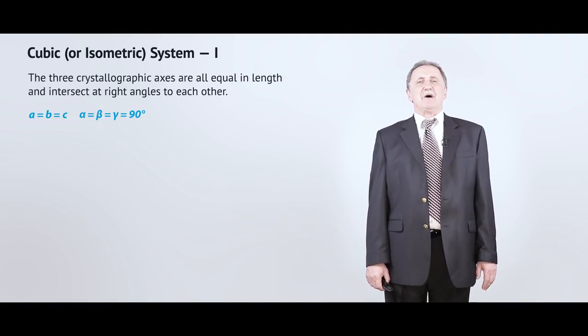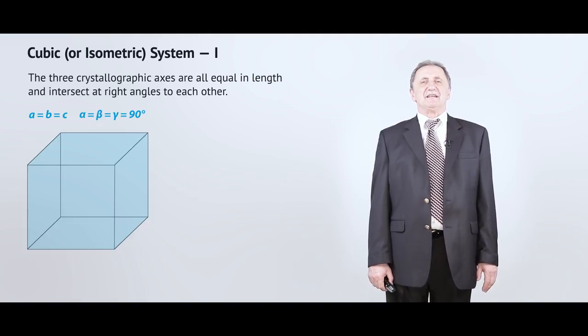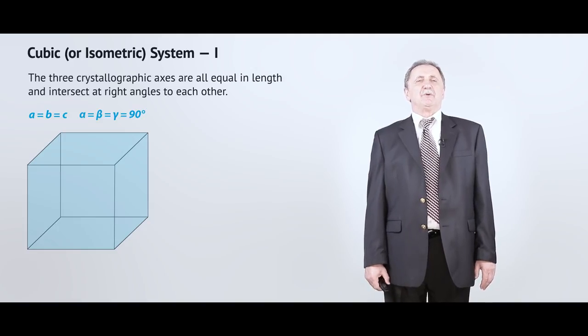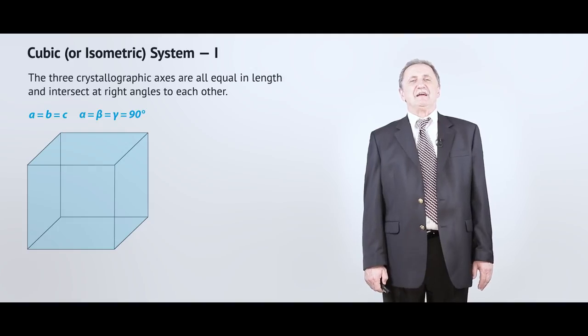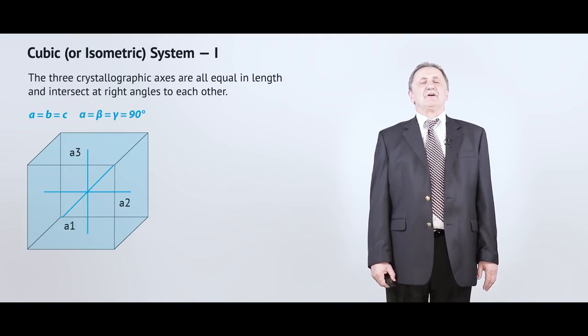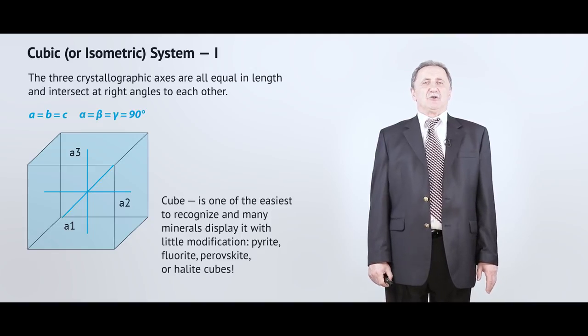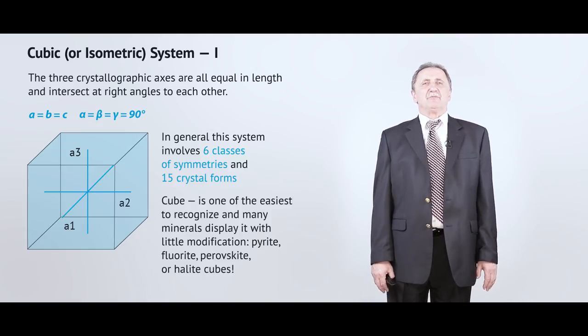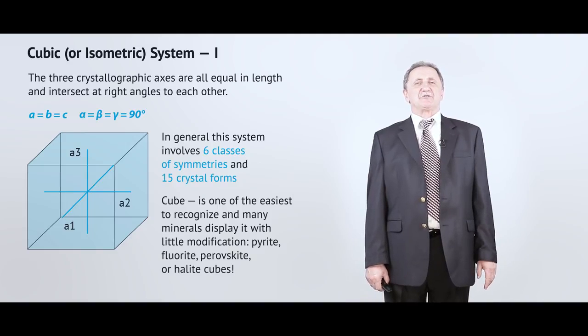The easiest one, indeed the easiest one, is very recognizable. It's the real cube, which we typically use in order to learn crystallography. And the cubic structure in the form of a cube exists for many minerals. But don't forget, the cubic system involves 6 different classes of symmetry.